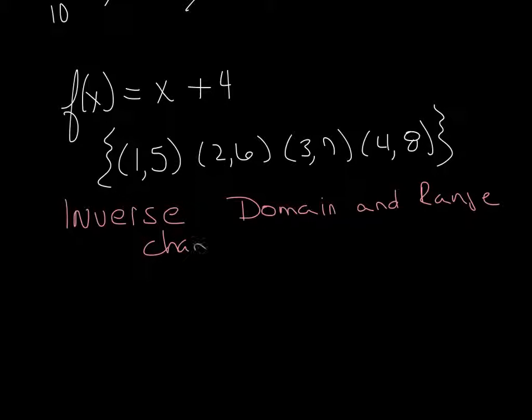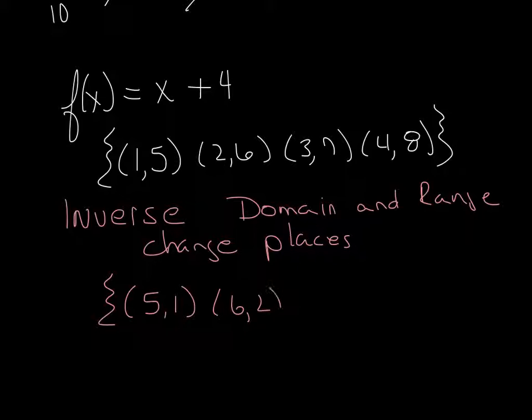That would be the better mathematical explanation. But for practical purposes, x and y change places. So the inverse of that function would be (5, 1), (6, 2), (7, 3), and (8, 4).